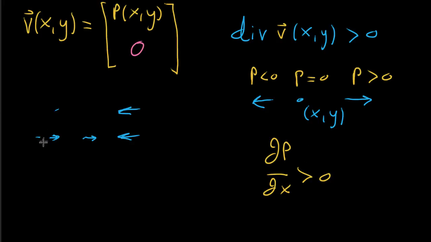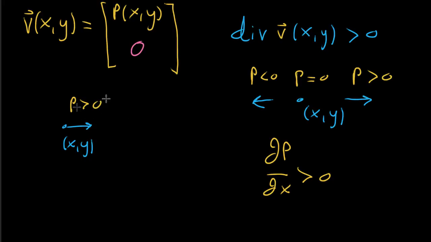You could have another circumstance where, let's say, your point, xy, actually has a vector attached to it. So this here, again, represents our point, xy. And in this specific example, p is positive. P of xy is positive at your point there.